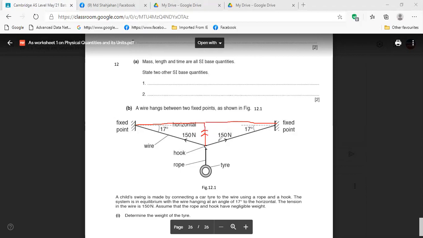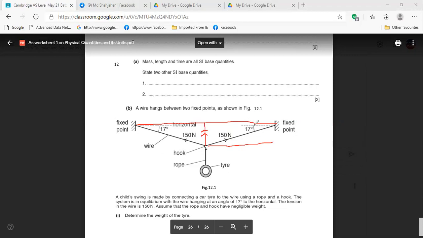If you think of it, we get an isosceles triangle. 150 Newton is our resultant. We got one formula. Can you remember that? P cos theta, P sin theta. Can you remember it in my notes? Yes, sir.